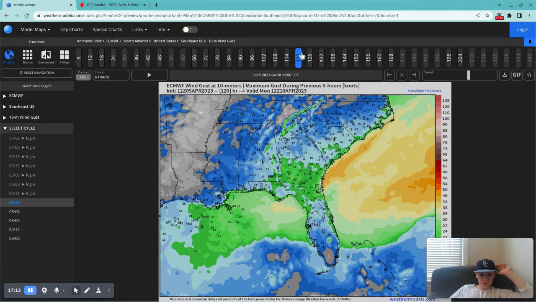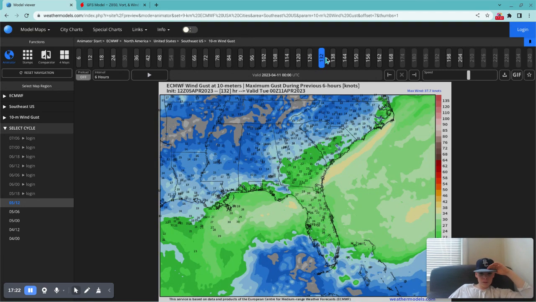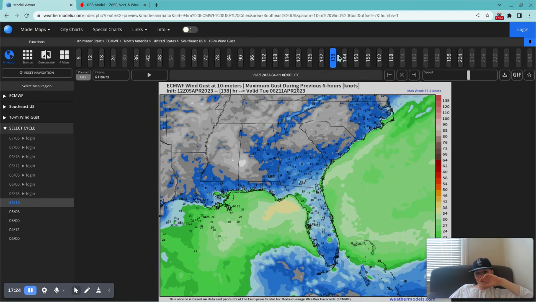And you can see they get stronger, and this moves with the storm. This yellow here is about 40 to 45 mile an hour max wind gusts. That's pretty strong. That's approaching tropical storm force wind gusts. Actually, it might be. I think the cutoff might be 37 miles an hour.